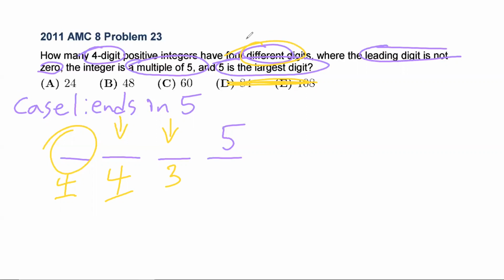And of course this 5 here is fixed. So the total number of options here is 4 times 4 times 3, which is 48. So any questions on this first case? Okay, I'm going to write 48 here in the corner because I'm going to erase this case.